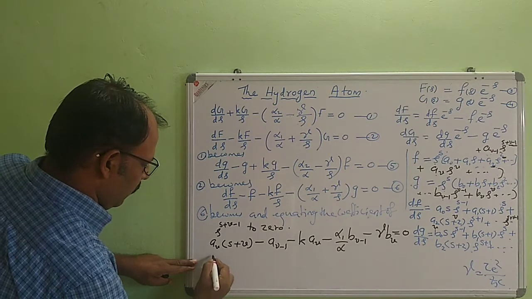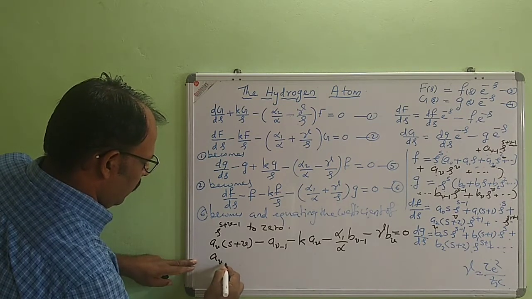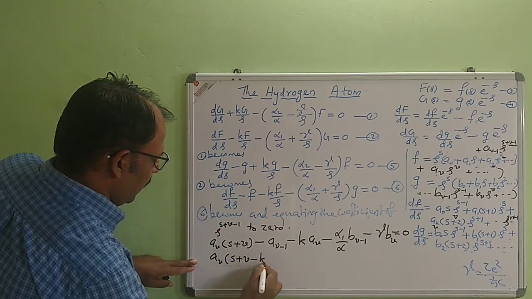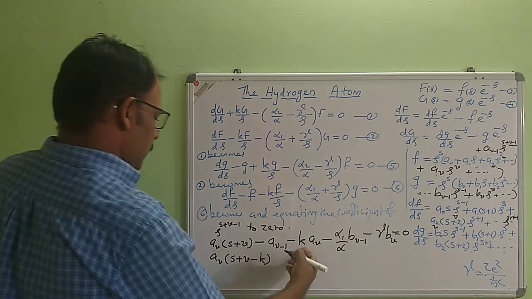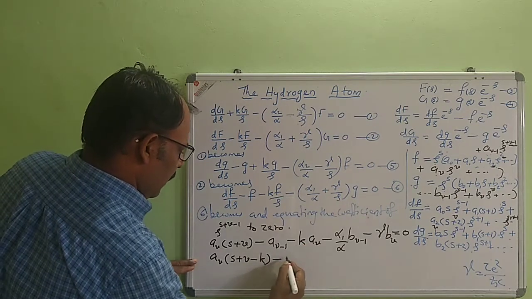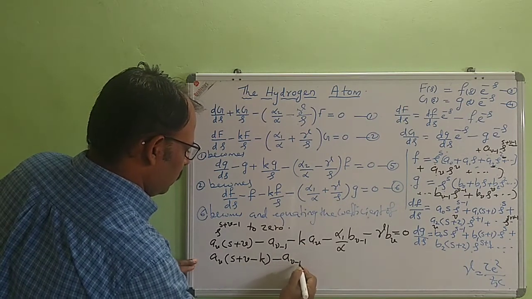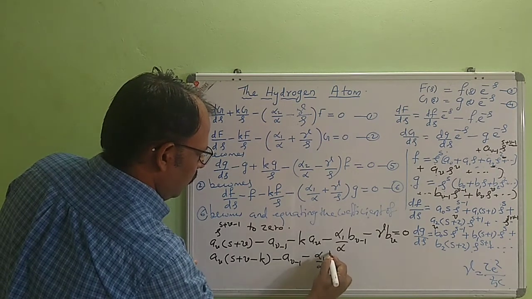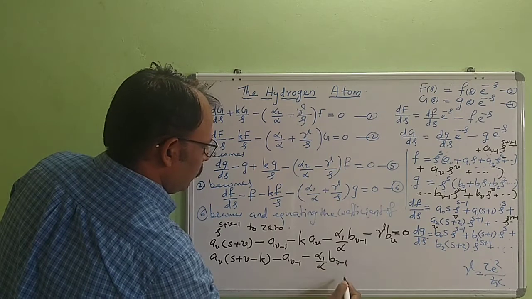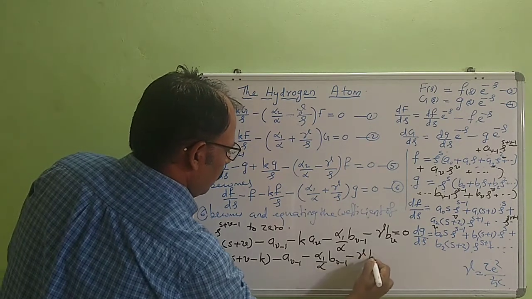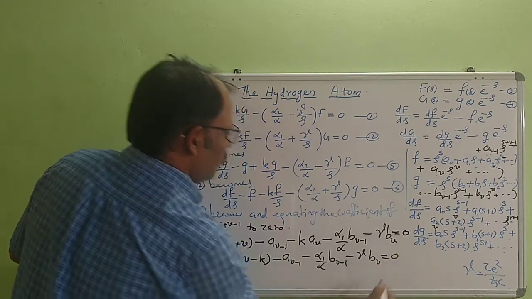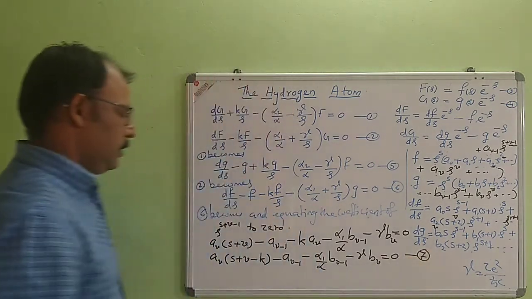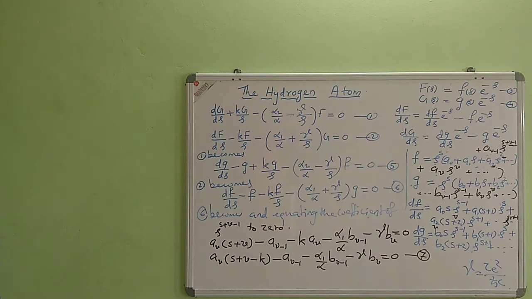So the first term will be av into s plus v minus k, minus av minus 1, minus alpha 1 by alpha bv minus 1, minus gamma bv equal to 0. This I am taking as equation number 7.